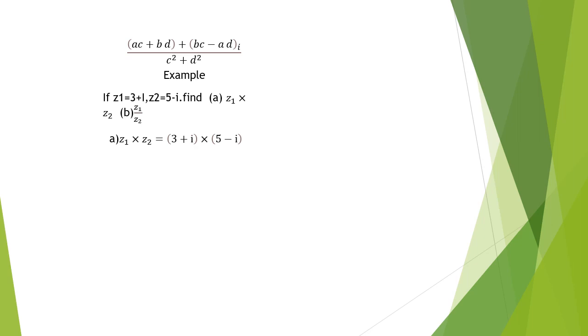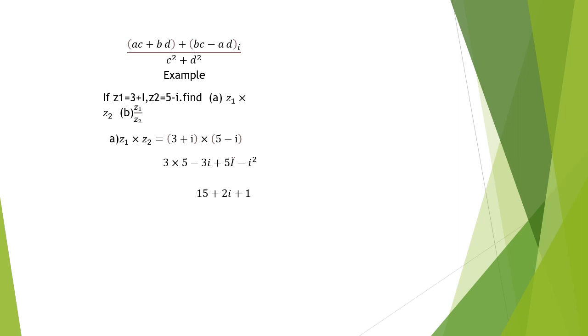Now we open the brackets: we multiply 3 into (5 minus i) plus i into (5 minus i). It will give you 15 minus 3i plus 5i minus i squared.